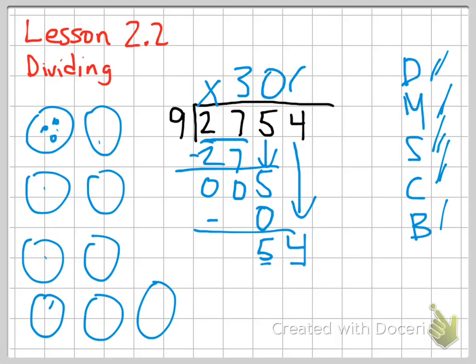If I put 6 in each group, 6 groups of 9 equals 54, and that means I am left with no ones, and my answer would be 306. What this essentially means is, if I have 9 groups and I have 3 hundreds, 0 tens, and 6 ones in each group, that means I will have 306 in each group, which would give me that total of 2,754.